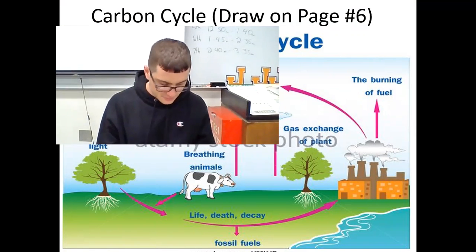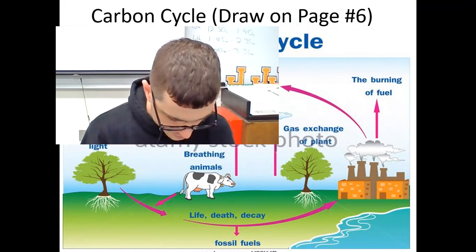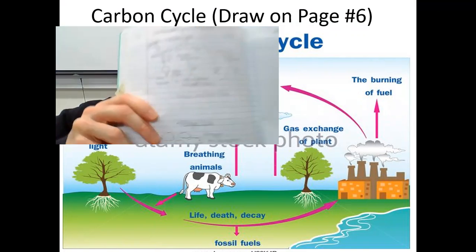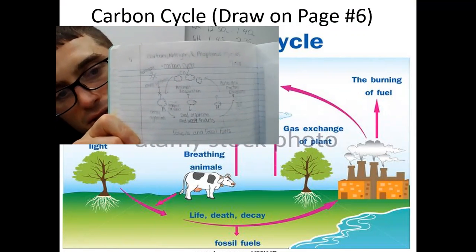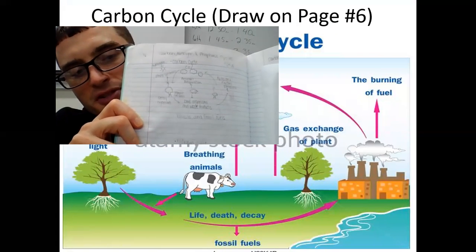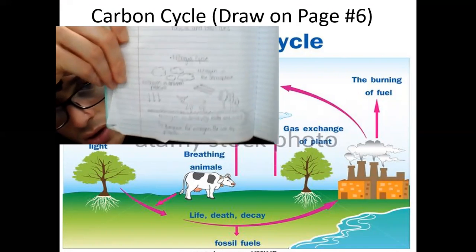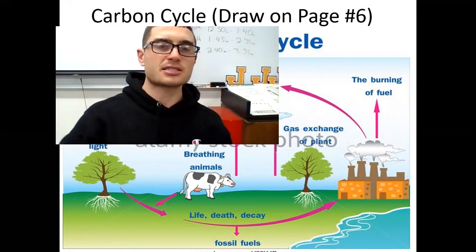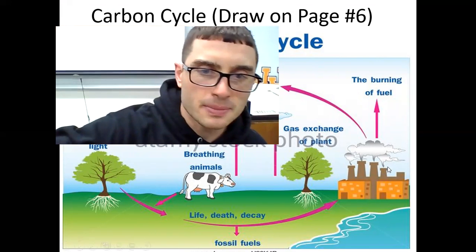You're going to see on the top half that we did in previous years, we have it drawn out right here, carbon cycle. Okay, but keep some room because on the bottom half, tomorrow, we're going to draw the nitrogen cycle. Okay, so take some time, draw this image.